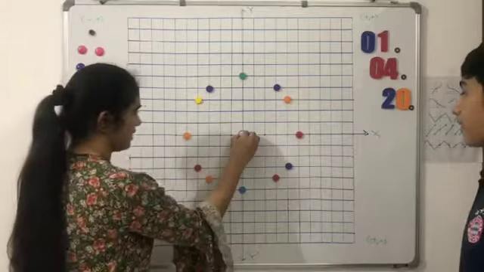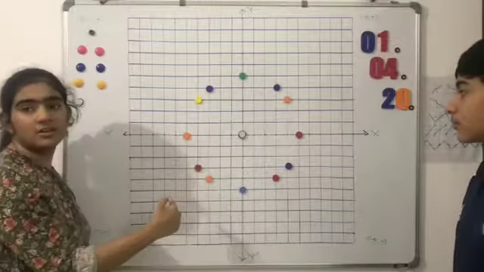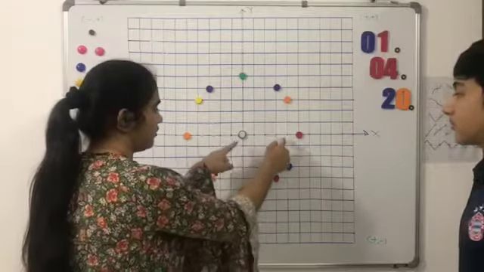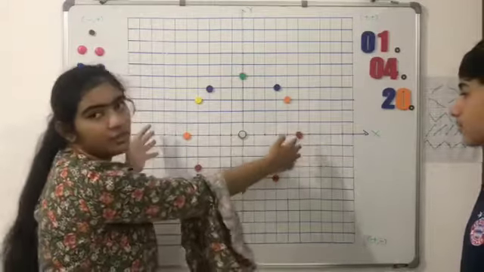The origin is the center, and this is the circle we have. The radius is 5, and the diameter is 5 into 2, which is 10.